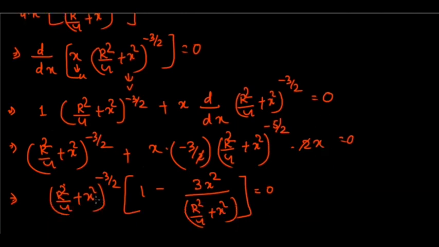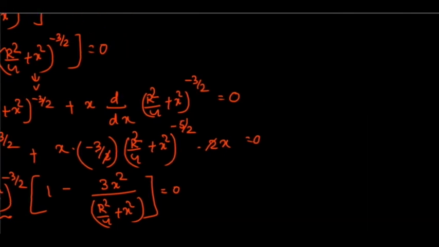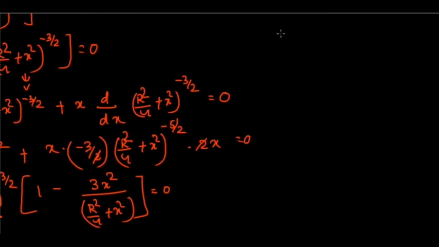And again this quantity is not 0, it means this bracketed term should be 0. So I can write that 1 minus 3x² divided by (r²/4 + x²) should be equal to 0.